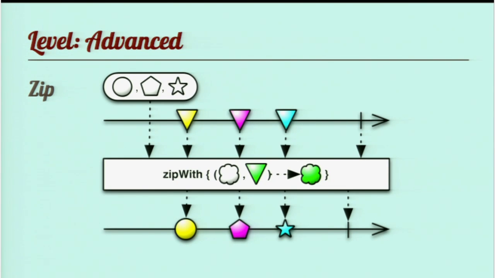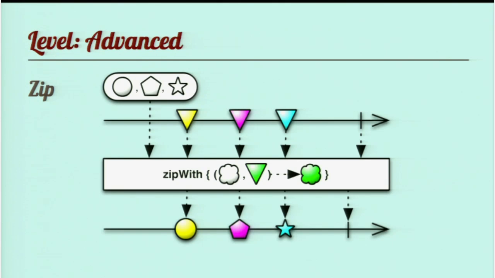You can use zip, and zip will work with 2 input observables, 2 or more, and additionally you provide a transformation function. So it takes an object of type A plus an object of type B, and the output of that is an object of type C, and that is the type of your output observable. So here what we have as a transformation function is you take the shape of items from A, you take the color of items from B, and you produce a shape of color C.